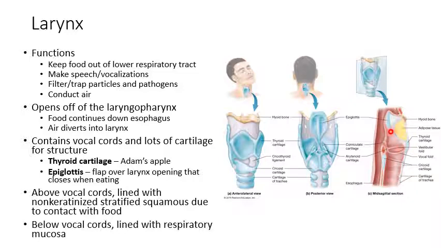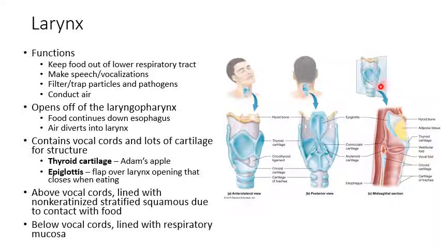In this part of the larynx that is above the vocal cords, it's possible you can have some food contacting it there. So that is lined with the non-keratinized stratified squamous epithelium. Then wherever you have your vocal cord starting and below, you have the respiratory mucosa with the mucus and the cilia.